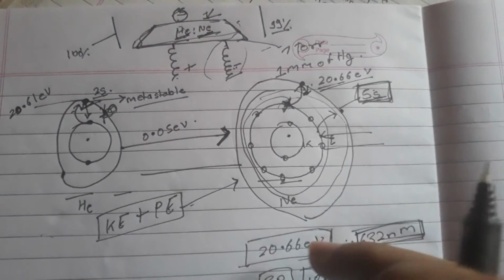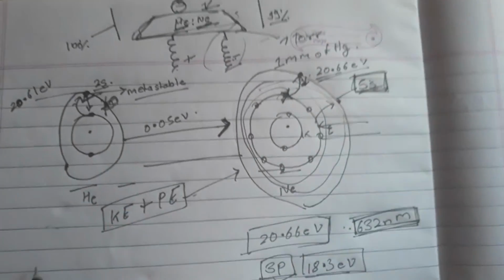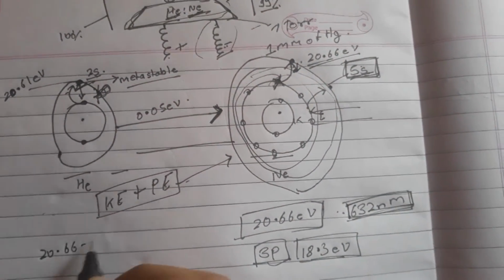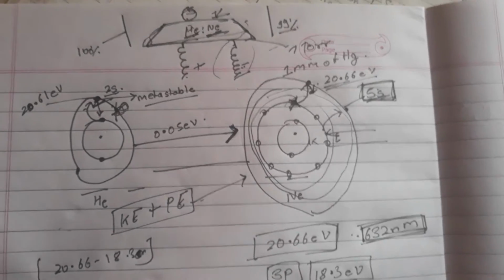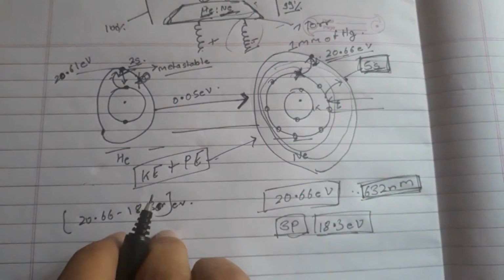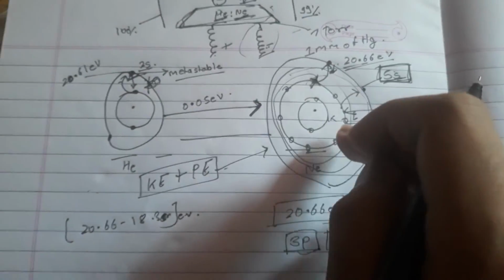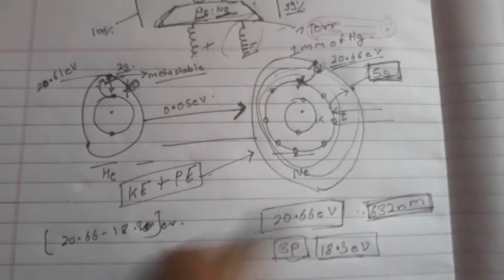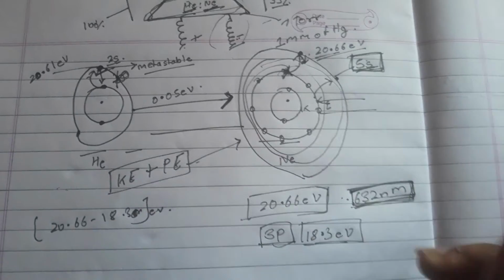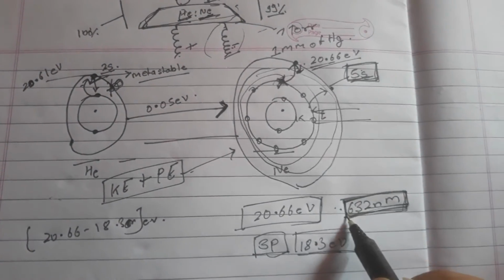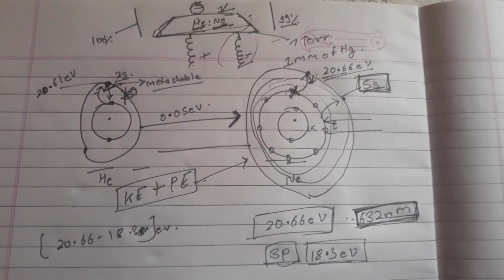Now the energy lost from 5s to 3p is the energy of the photon or the radiation of the single atom which went through disintegration.